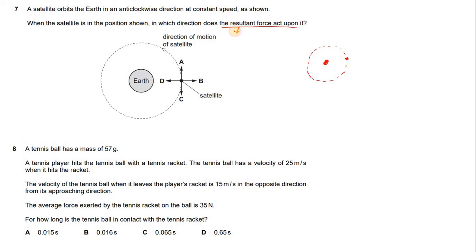This resultant force is called centripetal force, and this centripetal or resultant force always acts towards the center at all points. If the object is here, centripetal force will be acting towards the center. If the particle comes here, the resultant force will be in this direction. If the particle comes here, centripetal force will be acting towards the center all the time. So option is D.